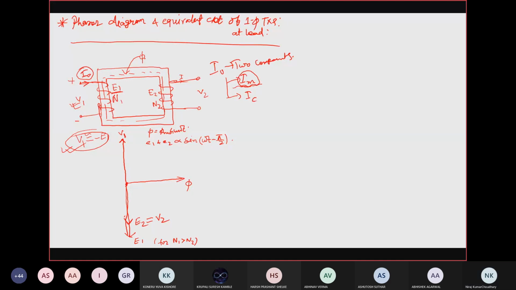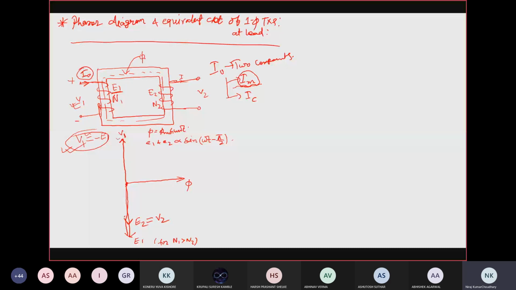बताओ भाई. Okay, I will tell you. IM will basically lag the voltage V1 by 90 degree. ठीक है, क्यों?